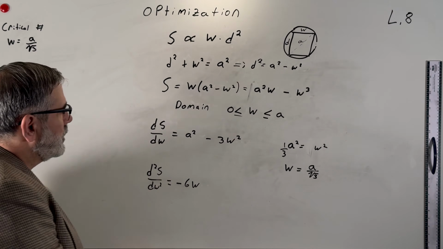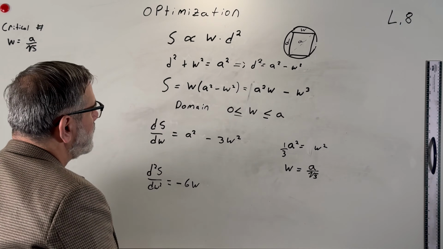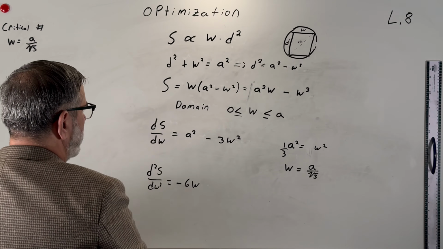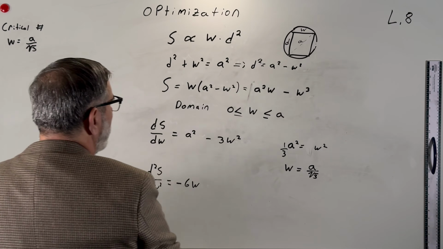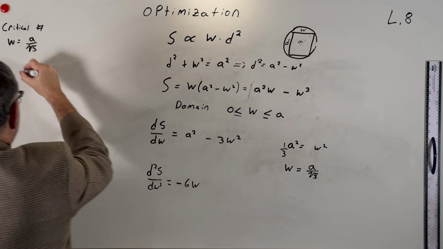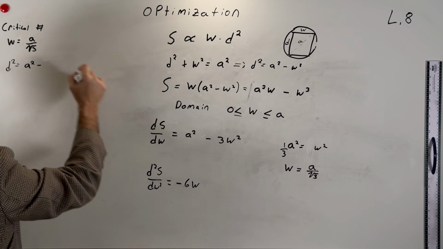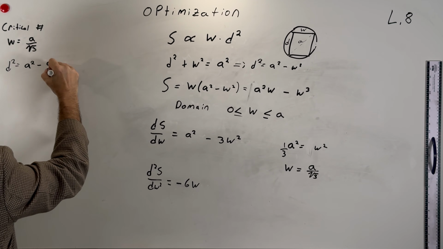But we were asked to find the dimensions that optimize the strength of the beam, and we've only yet found the one dimension for the width. We can get the depth from the Pythagorean theorem. It says the depth squared will be equal to a squared minus the width squared, but the width is a over the square root of 3, so that's going to be a squared over 3.